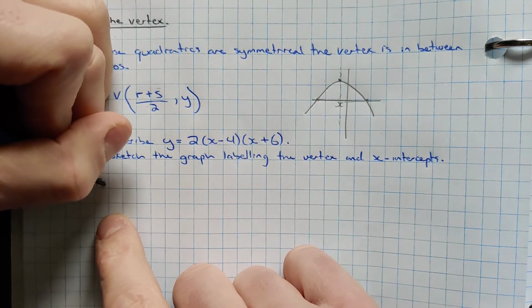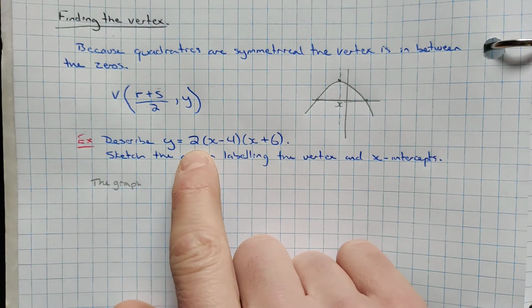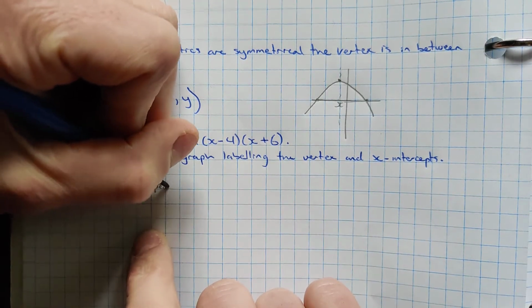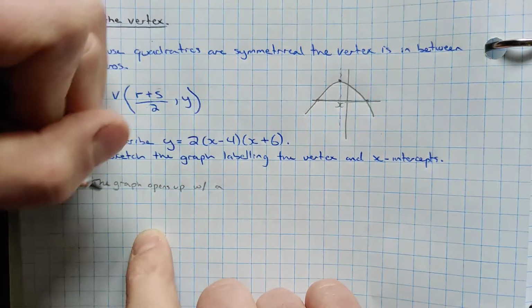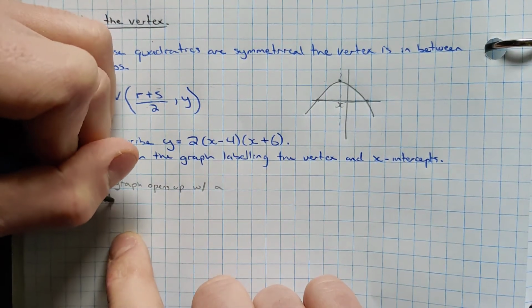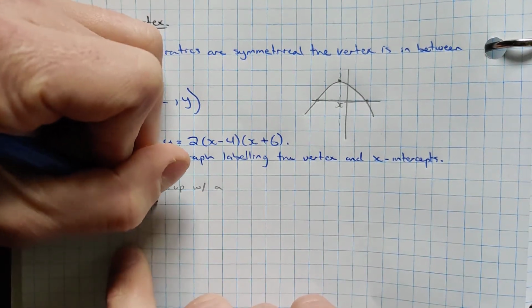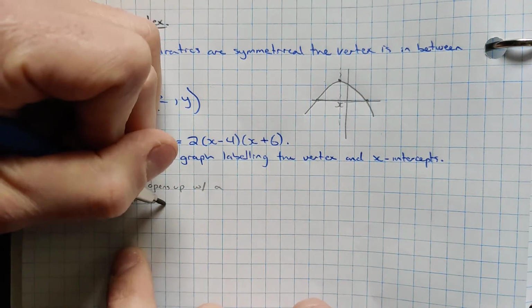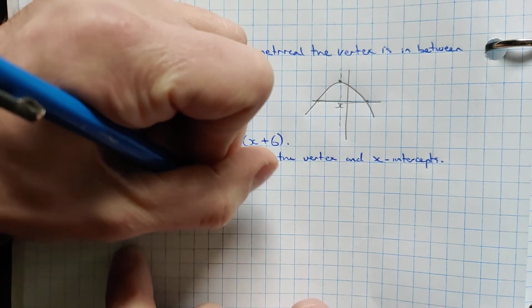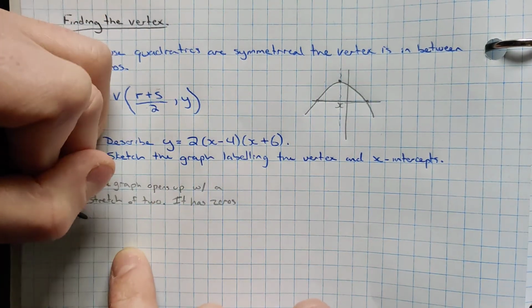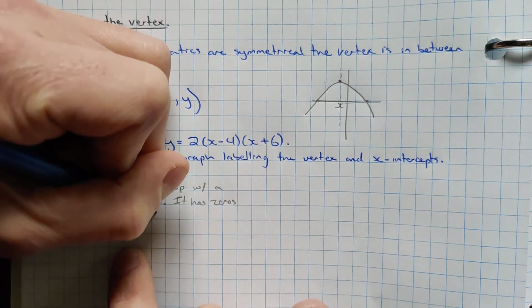The graph, so we look at our a value, opens upwards with a stretch, because it's greater than 1, of 2. And it has zeros at 4 and negative 6.